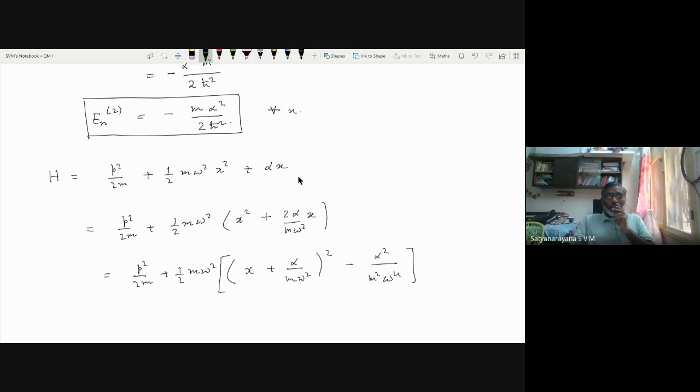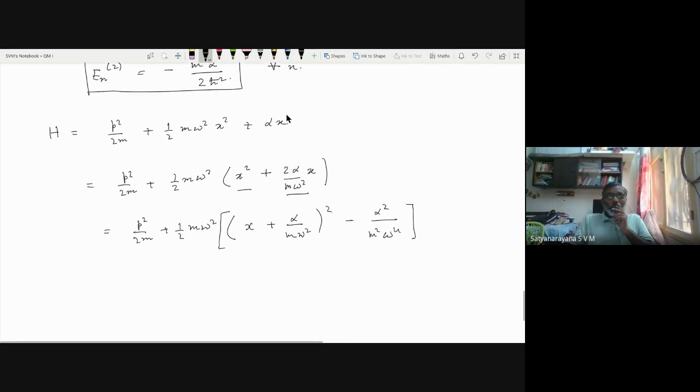If I write like this, what does that mean? If I expand this, it will be x square plus 2 alpha by m omega square into x. So these two terms are present here. Then there is an extra square term that I have anyway subtracted. So we can write this as p square by 2m plus half m omega square into x plus alpha by m omega square the whole square, correct?